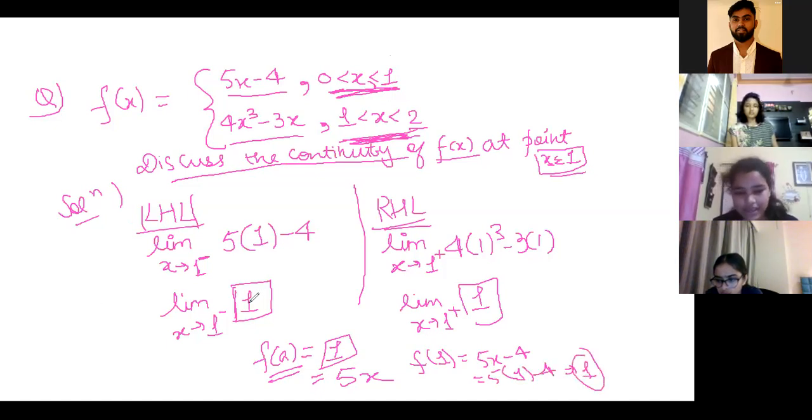Here the value is coming 1, here the value is coming 1, and here again the value is coming 1, which means these 3 values, LHL, RHL, and the value of the function, are 1 at this point. So we can say that at the point x equals 1, this function is continuous. This f(x) is continuous.